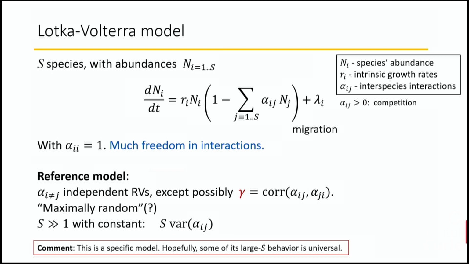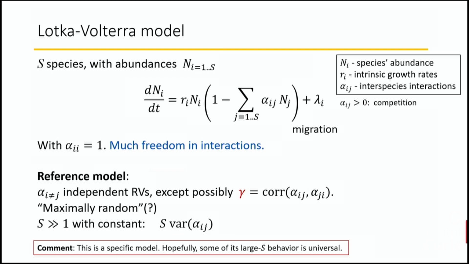We'll have some results for very large S, and then we can test them on 7 species and ask, is it good for 7 species or not? But I'm leaving that for later. And as we'll see later, there's an important point here, that there's a limit taken rescaling the variance of these alphas as I increase S. We'll talk about that.